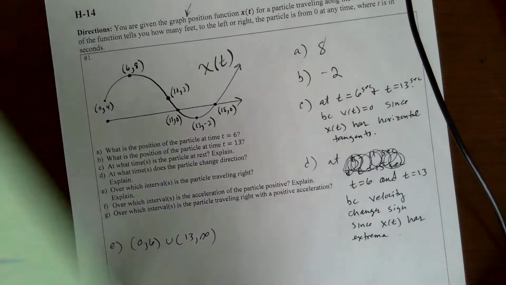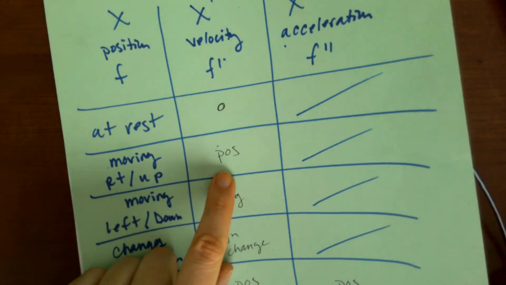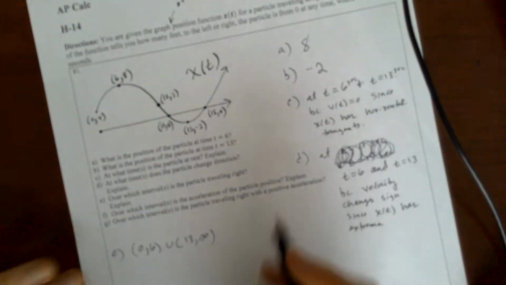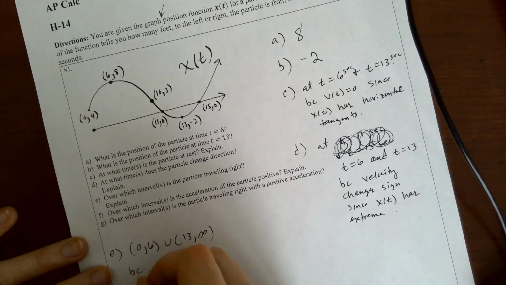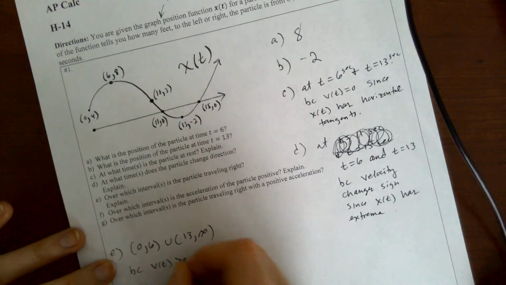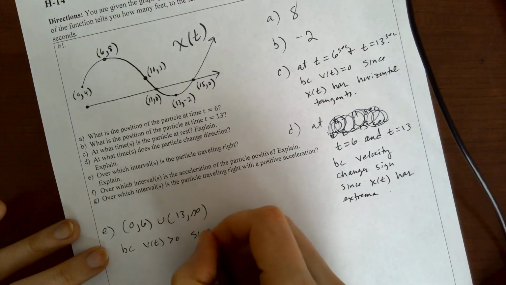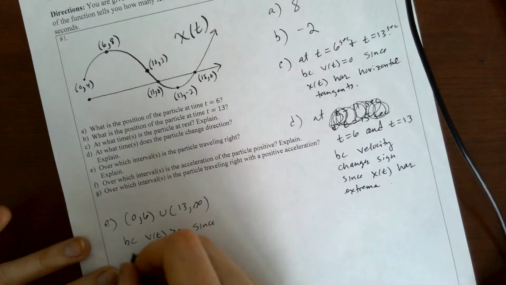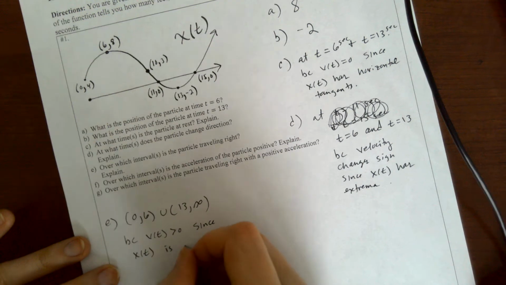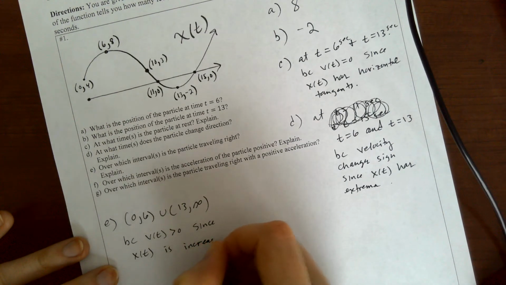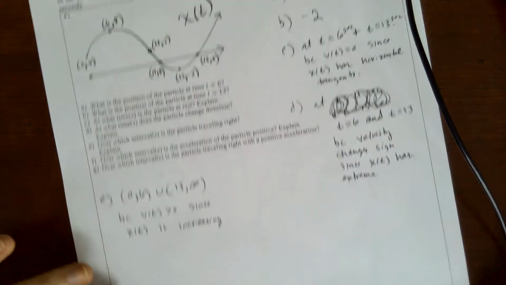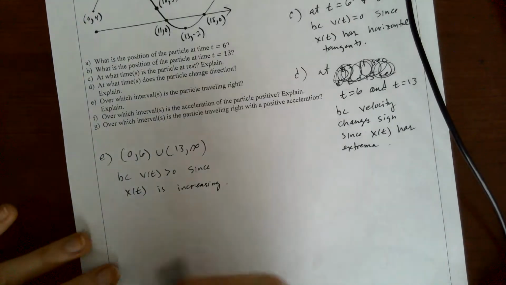So, because velocity is positive, we'll say because v of t is greater than 0, since x of t is increasing.